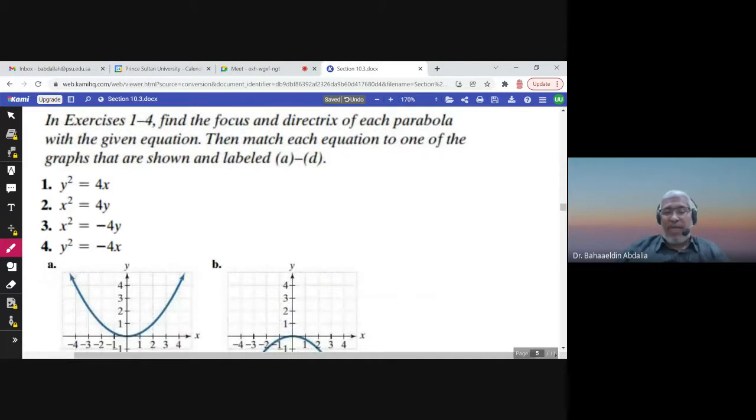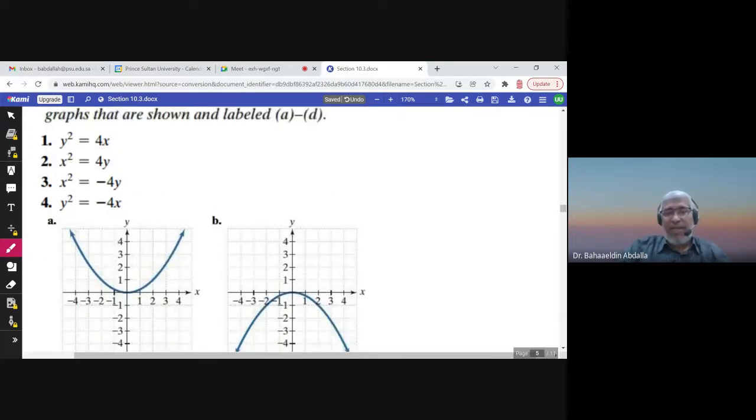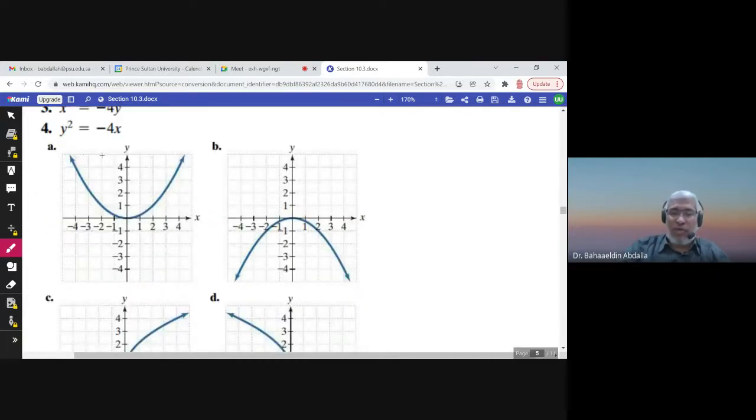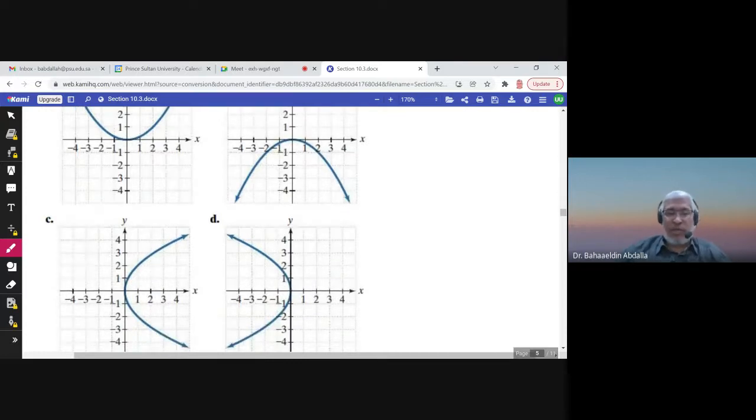Find the focus and directrix of each parabola with the given equation. Then match each equation to one of the graphs that are shown. I can see that here I have y squared equals 4x. So y squared means the graph opens right or left, but p is positive, so the graph opens to the right. The only graph that opens to the right is this one.